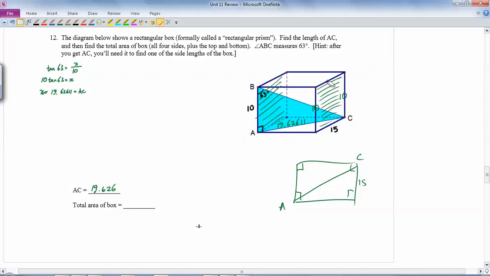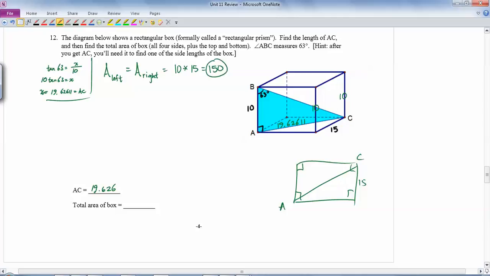Those are both 10 by 15 rectangles. So the area of the left face of the box equals the area of the right face of the box, which equals 10 times 15. So that's 150. The left is 150, the right is 150.